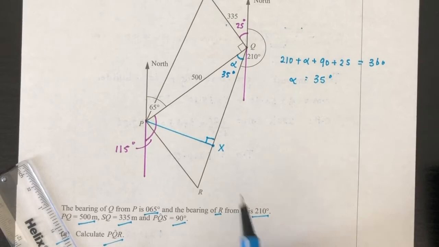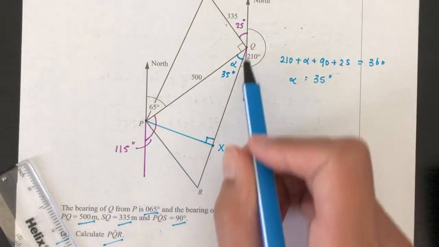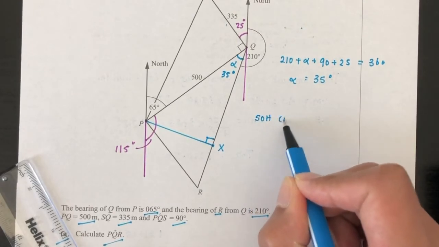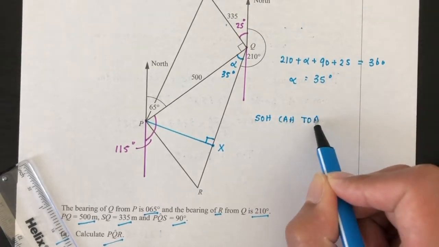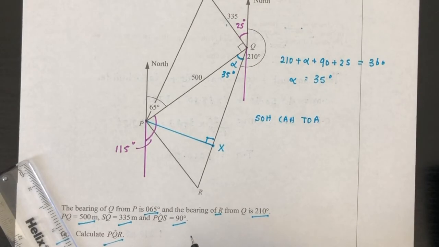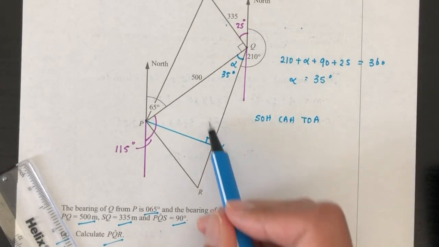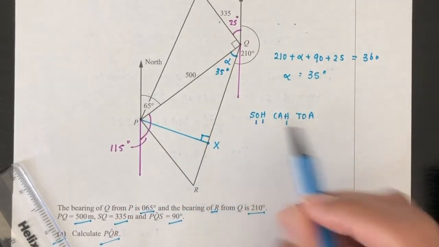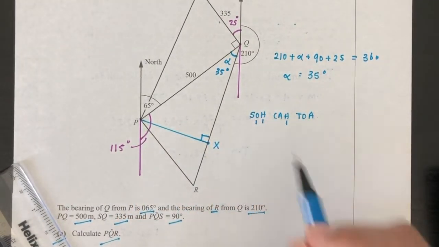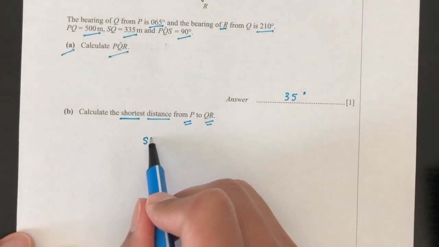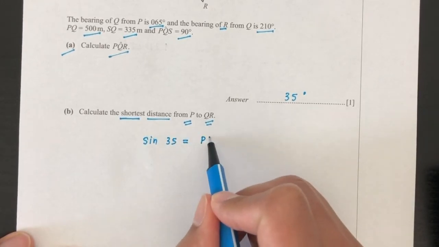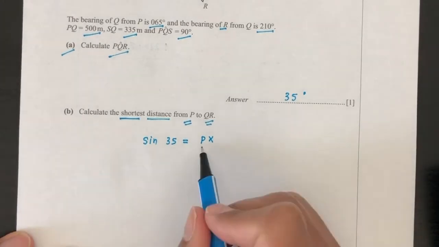So if you observe now, triangle PXQ is a right angle triangle, so we can use SOHCAHTOA. So let's see what sides we have. We have this side, which is the hypotenuse, and we are trying to find this side, which is the opposite side. So we have to use sine. Sine of 35 is equal to the height PX, which is our opposite side, over the hypotenuse.